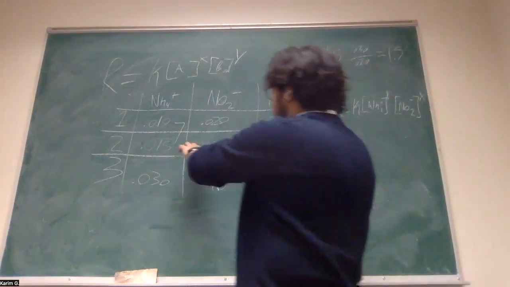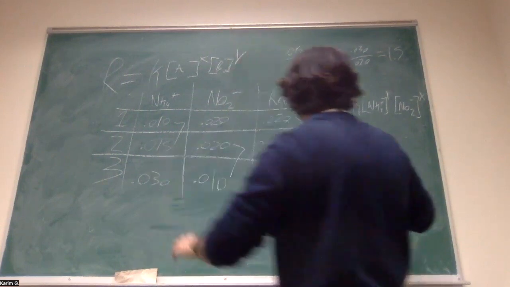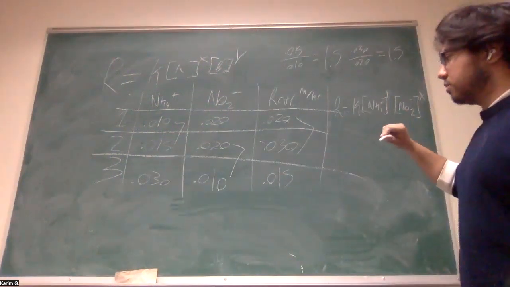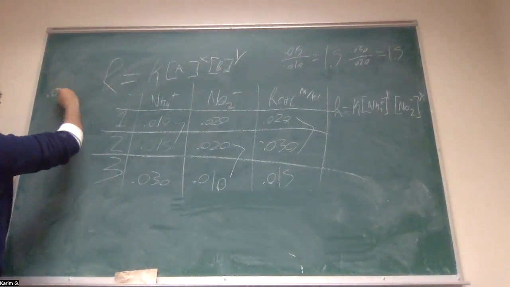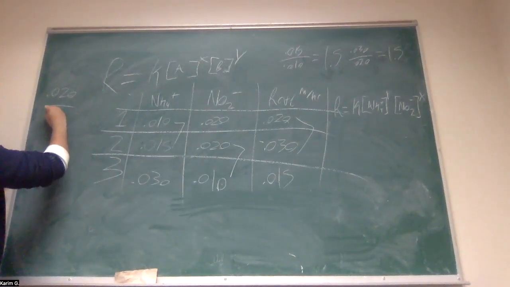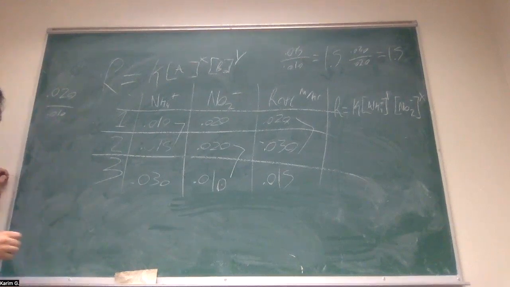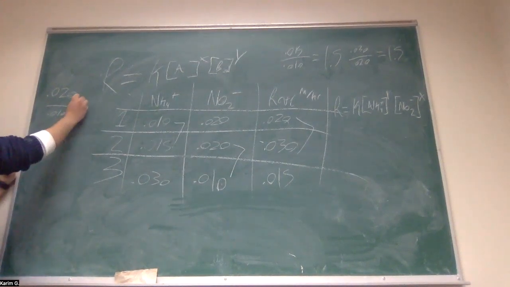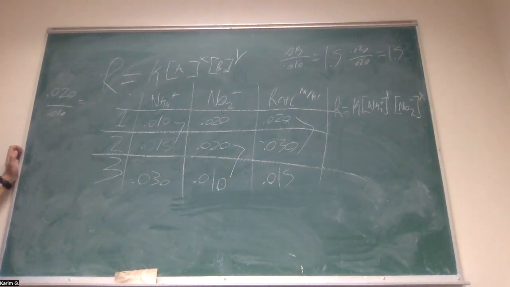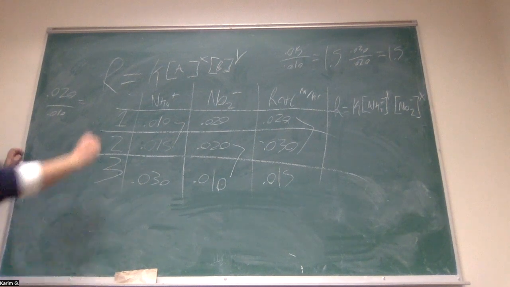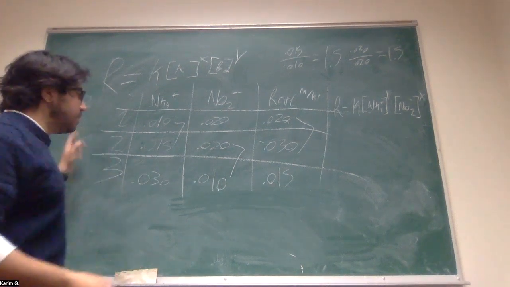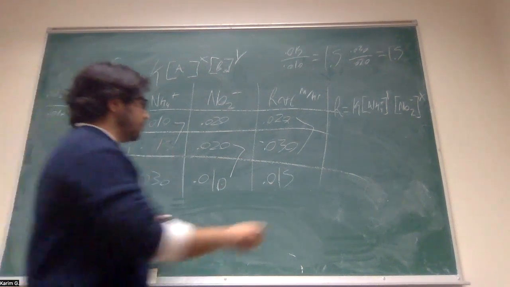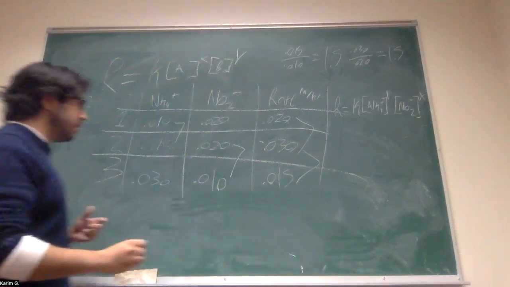So let's do 2/3. It'll be 0.020 over 0.010, which gives you 2. Now let's do the same for our rate. We did 2/3, so let's do 2/3 again.